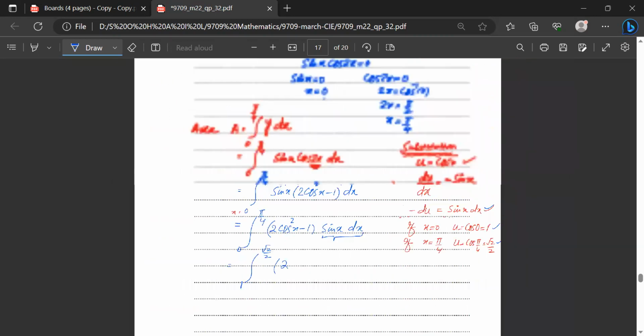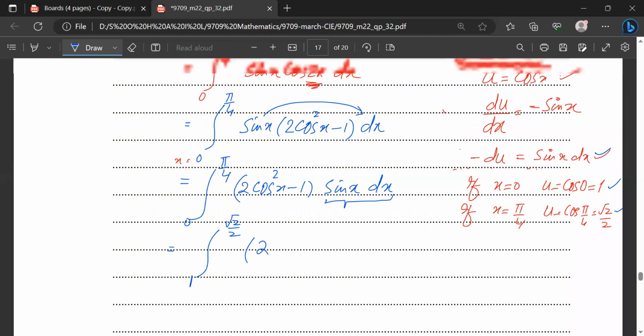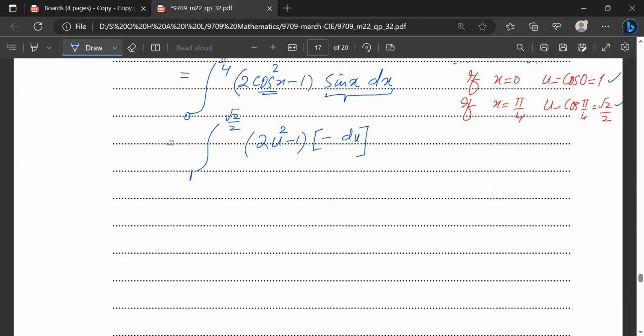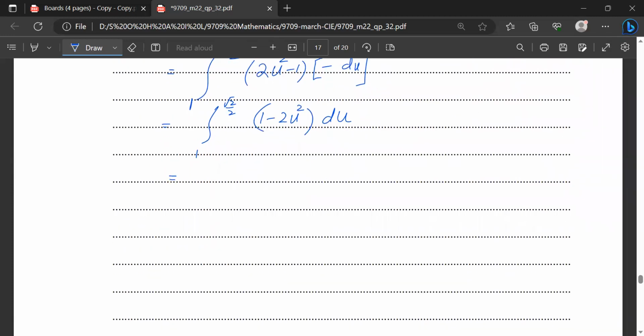As u is equal to cos of x, cos square would be u square, so the integral is from 1 to root 2 over 2 of 1 minus 2u square du. Now integrating.